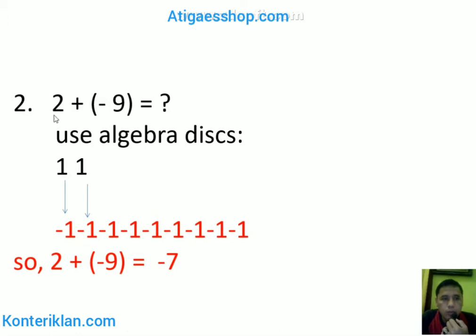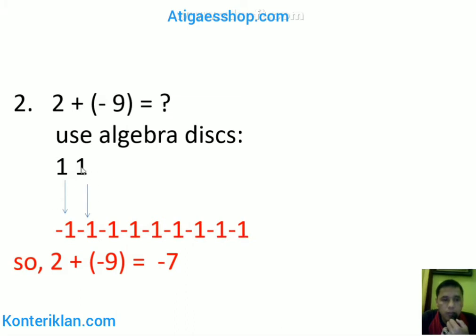Again, positive 2 equals 1 and 1. Since this one is negative 9, we put negative 1 nine times. We can count: 1, 2, 3, 4, 5, 6, 7, 8, 9 times.